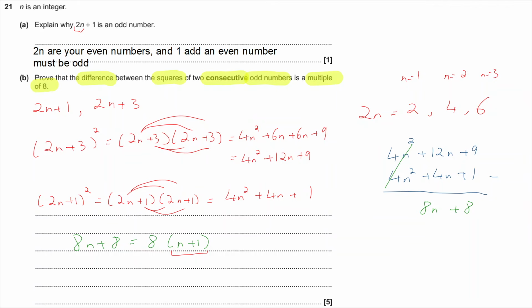So you can say that 8 times by any integer will be a multiple of 8. And this is your final answer for the 5 marks.